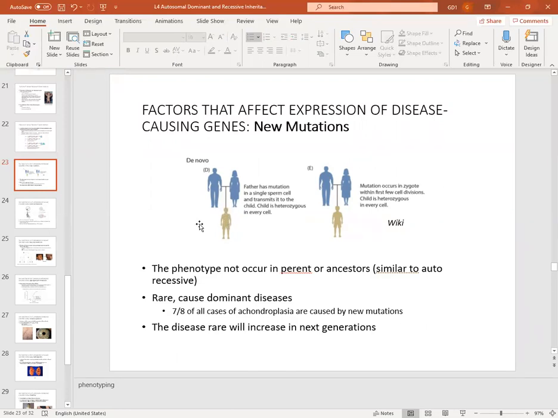Of course, because the baby is made from the sperm or the egg from the parent, and that egg or sperm had a mutation, all 100% of the baby's cells, including the germline stem cells, also have the mutation, and he can transfer that mutation to the next generation. So the disease rate will increase in the next generation, because in the last generation we didn't have this disease.